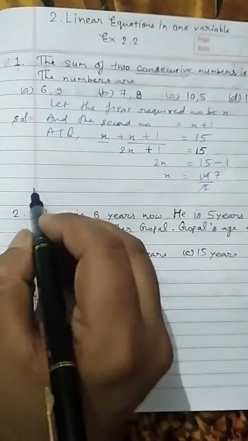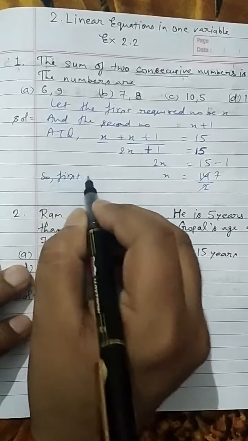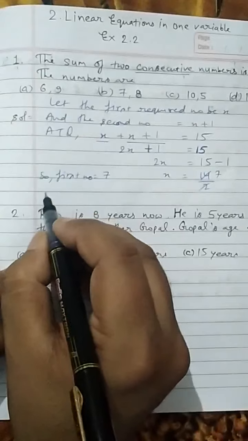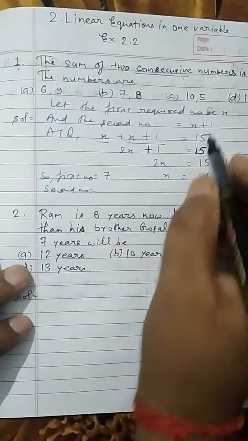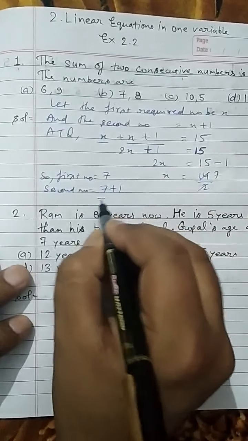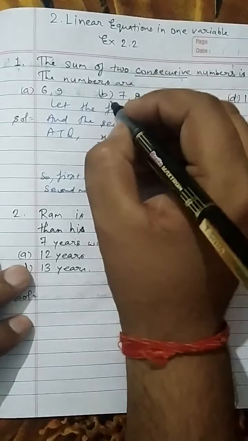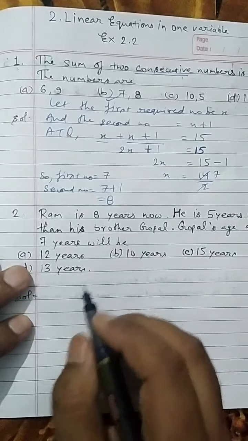So the required number or first number is equal to 7 and second number is equal to x plus 1, means 7 plus 1, that is 8. So 7 and 8 is the answer for this part. So B is the correct answer for this.